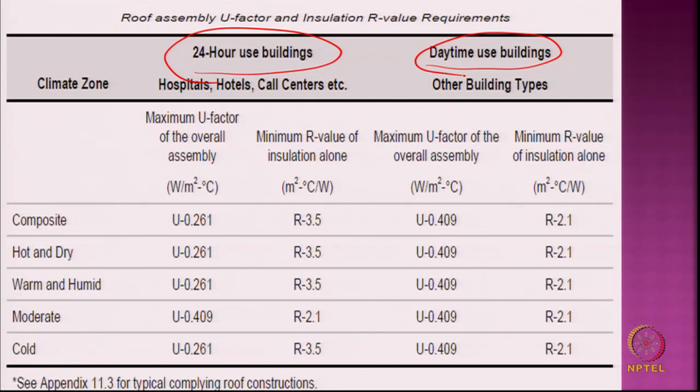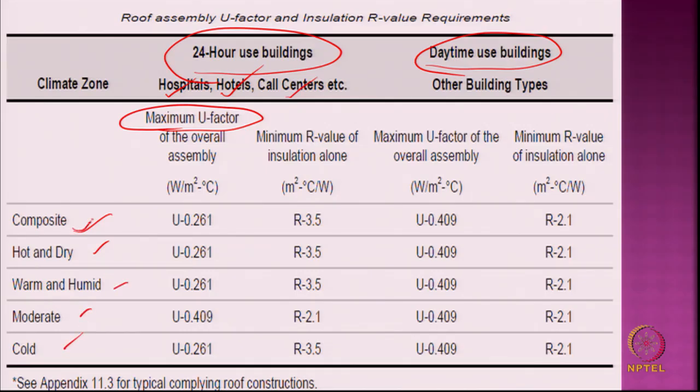So, 24 hours buildings, like hospitals are a typical 24 hours building, hotels, things like call centers and so on, and residential building or office building, let us say, will be only daytime use. So, maximum U value for different climatic conditions are given.